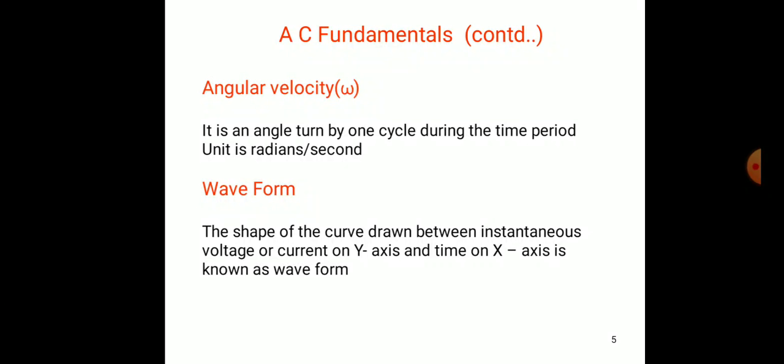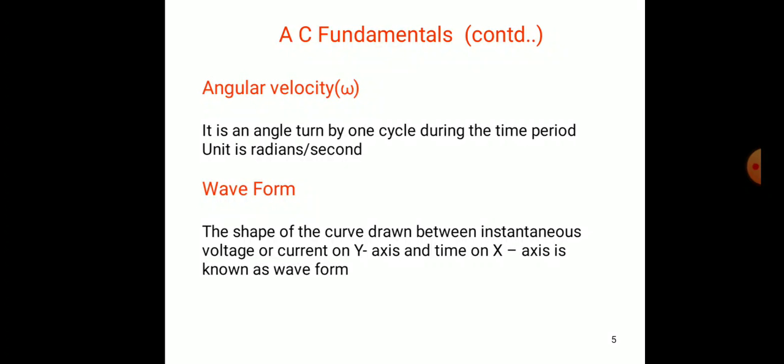It is the angle turned by one cycle during the time period. The unit is radians per second. So whenever the cycle is going, the angle through which it is turning is called angular velocity.